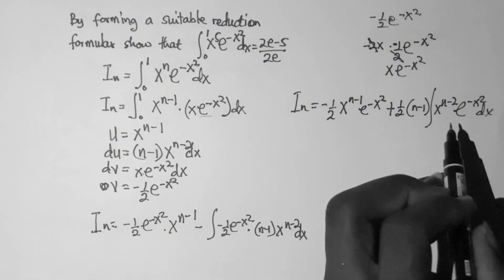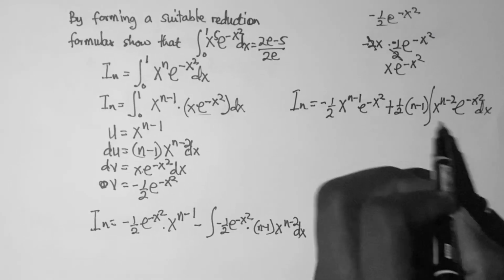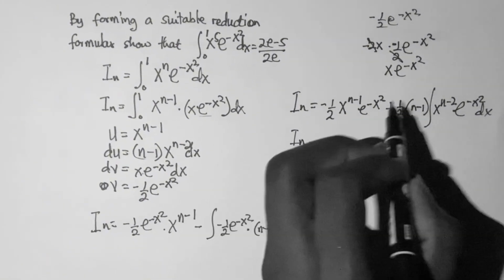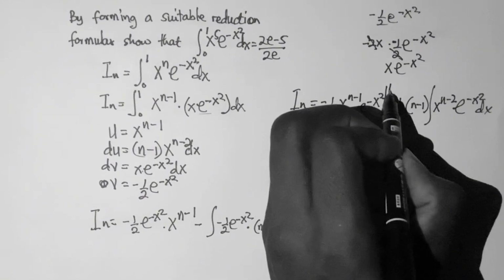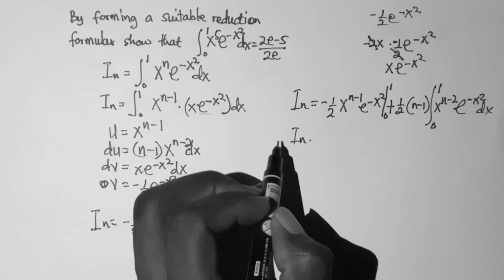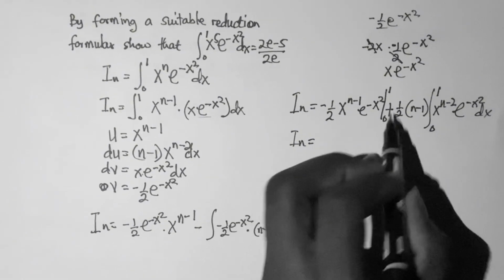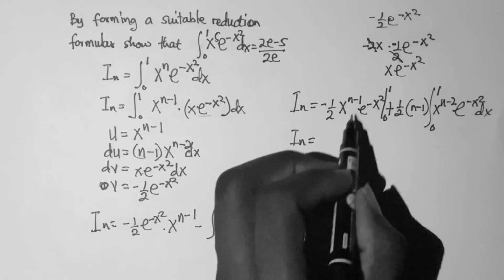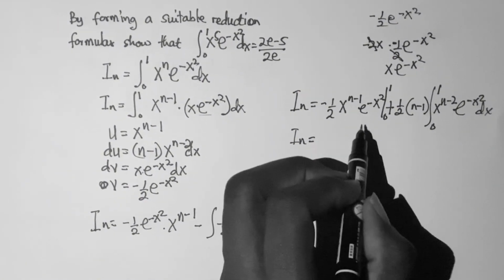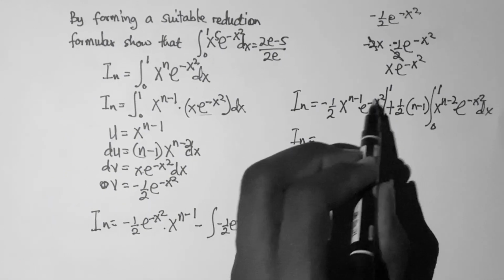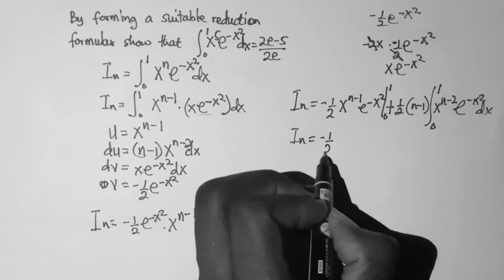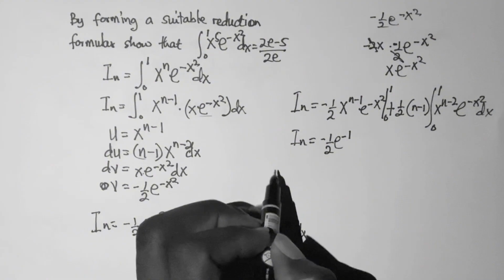You can see that this is the case of I of n minus 2. However, this is evaluated at 0 and 1. So let's evaluate this at 0 and 1. Now I of n is equal to, if you put in 1, then 1^(n-1) is 1, times minus 1 over 2 is minus 1 over 2. Then e^(-1^2), so all of this becomes minus 1 over 2 e^(-1).